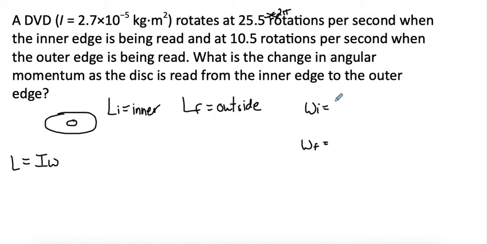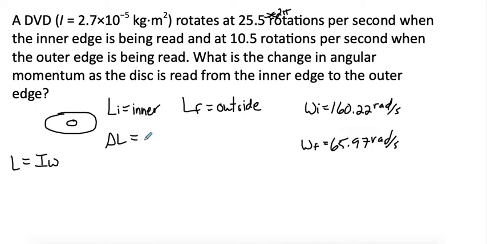So our initial angular velocity is 160.22 radians per second. And our final angular velocity is 65.97 radians per second. So what we're looking for here is just our change in angular momentum.